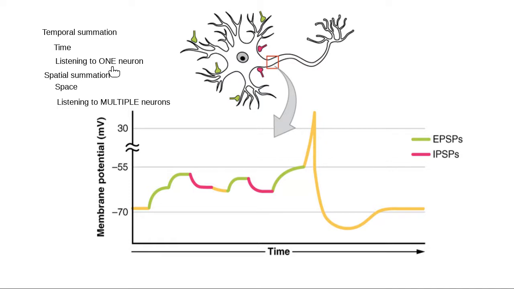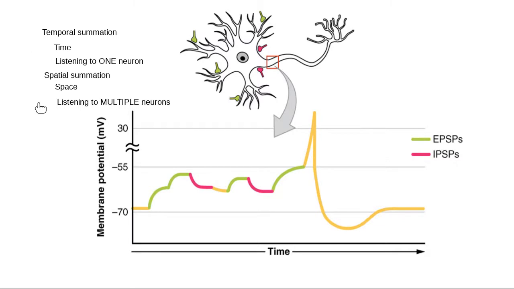We're listening to one neuron, that neuron is talking to us a lot. Anytime we're doing summation, we can always hear more than one message. So with both of them, we're hearing multiple excitatory or multiple inhibitory messages, or some kind of mix of those messages.